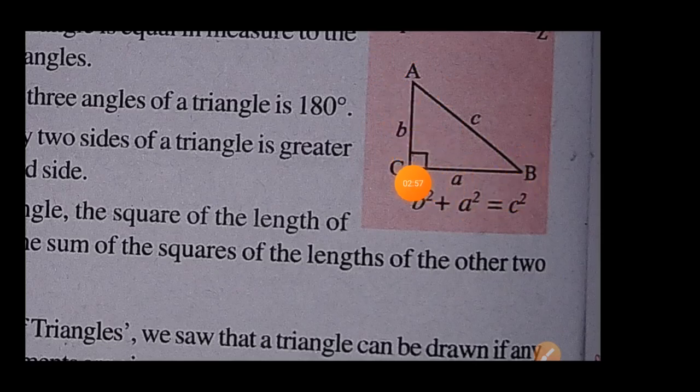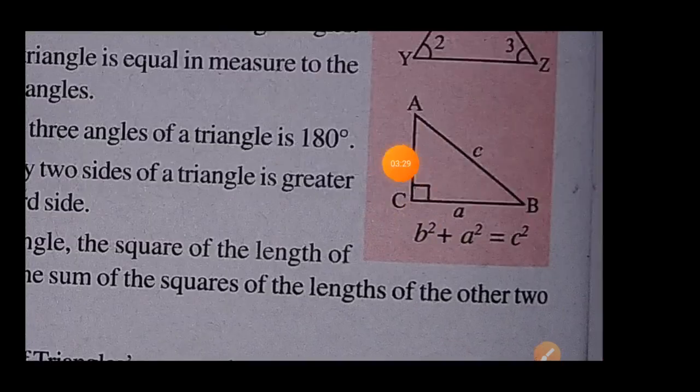This is called the base, and this is called the perpendicular. B square plus A square equal to C square, in which B is the perpendicular, A is the base and C is the hypotenuse.